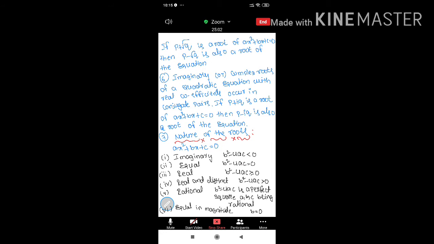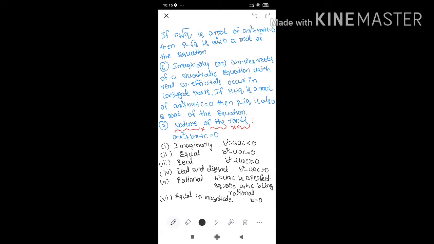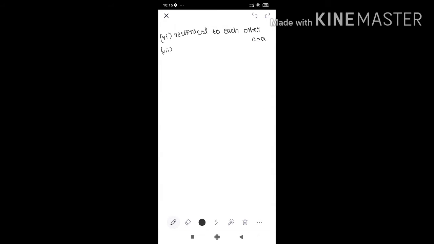There we wrote the sixth point, now we need to go for seventh. This is 7, this is 8. Both positive opposites, so this much is enough for this. No need for other formulas.